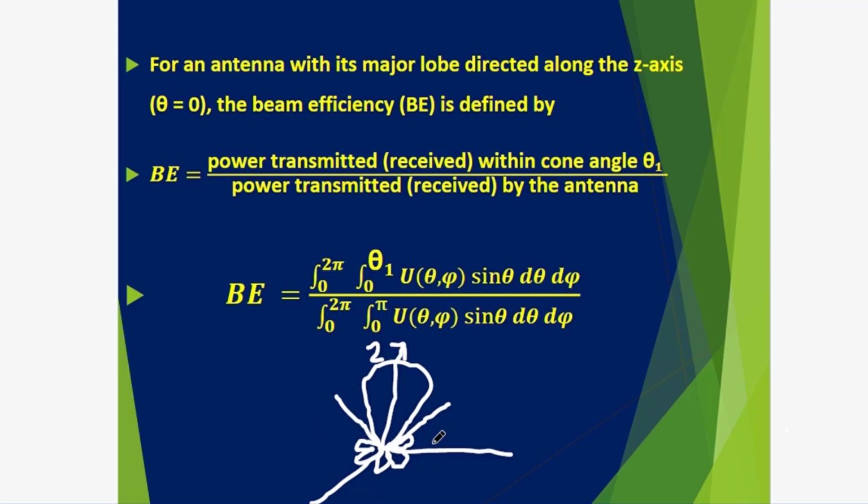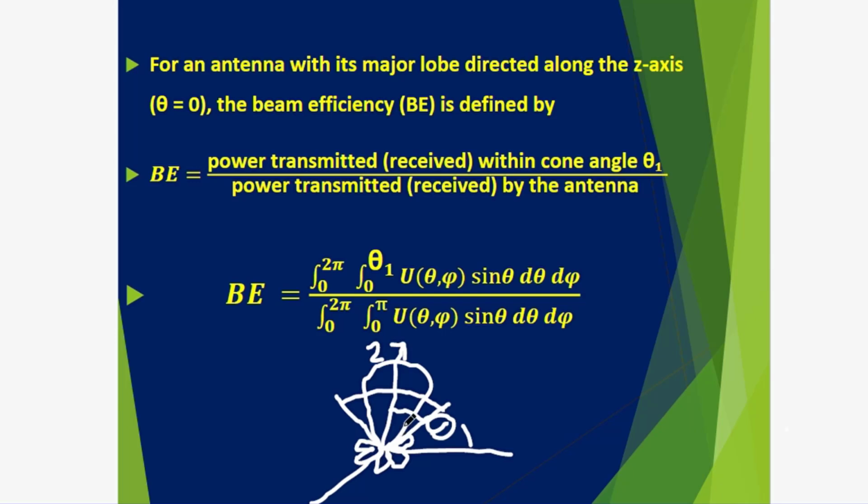I explained the first nulls in the radiation pattern concept and the beam width concept also. This total is called FNBW, and the angle between the z-axis and the FNBW curve is your θ1, called the cone angle θ1.